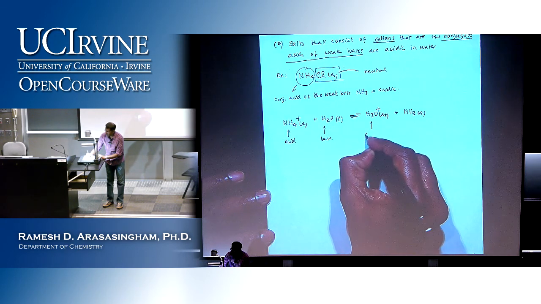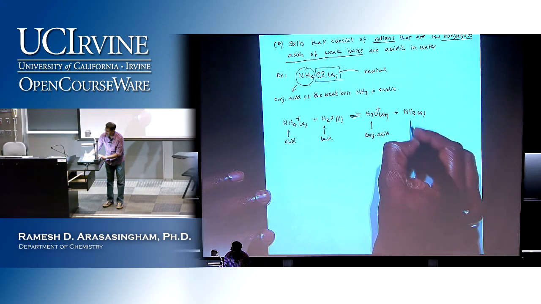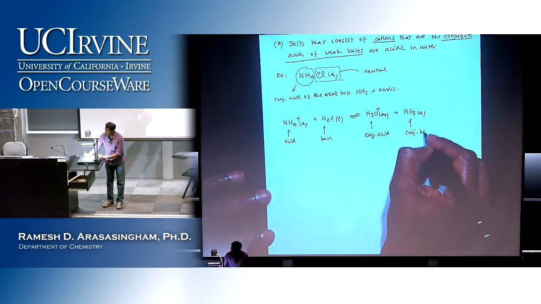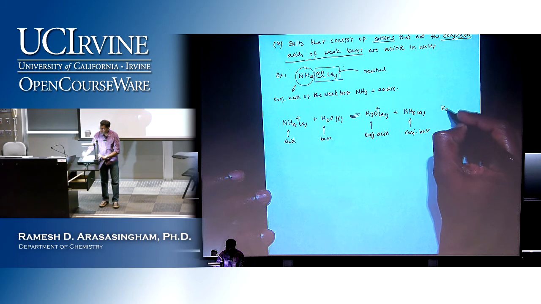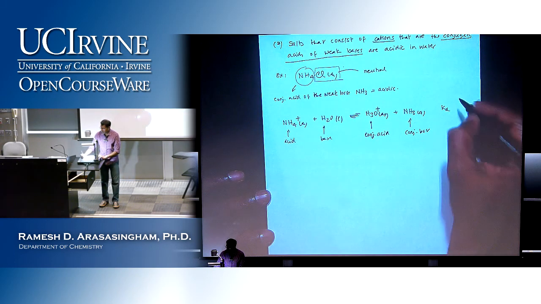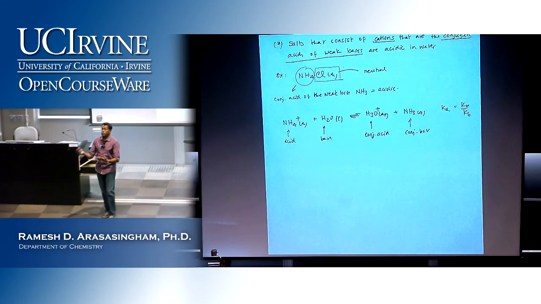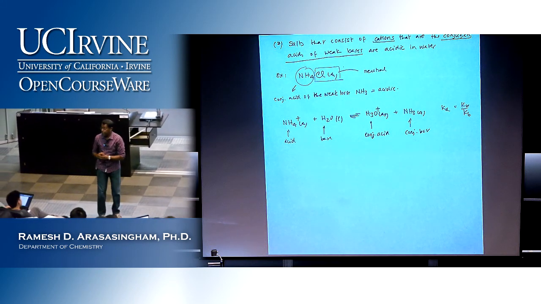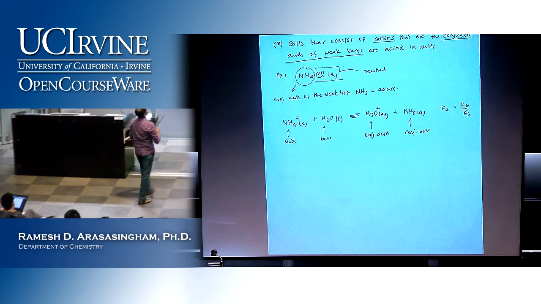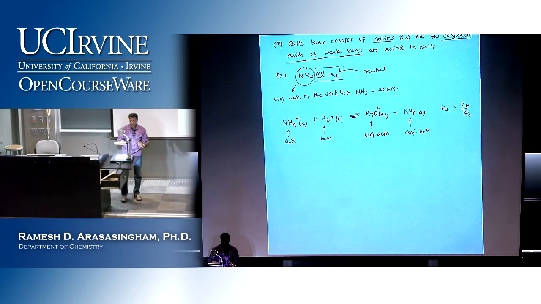For the reverse reaction, this would be the conjugate acid, and this would be the conjugate base. And this represents Ka, and if ever they give you Kb for NH3, if you know the Kb for NH3 or Ka for NH4 plus, you can convert one from the other. All right? And because this acts as an acid in solution, this will act as an acid.